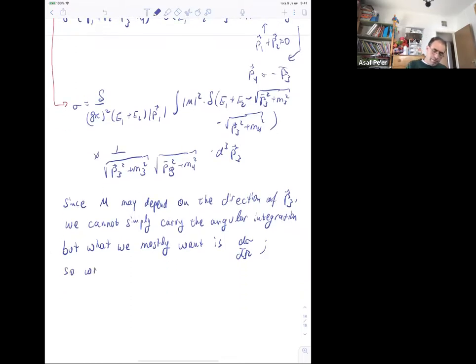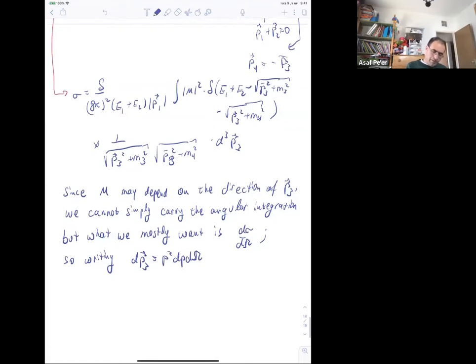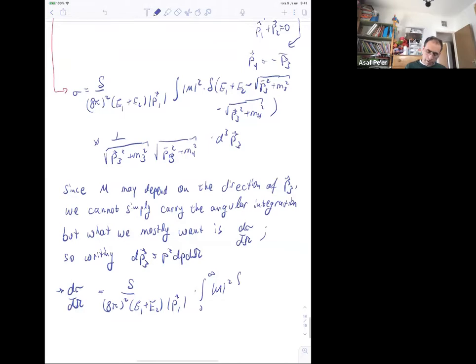Writing d cubed p3 as p squared dp d omega, we simply avoid the angular integration by writing down sigma over omega as S over 8 pi squared, E1 plus E2, P1, and then the integral from 0 to infinity of M squared delta.